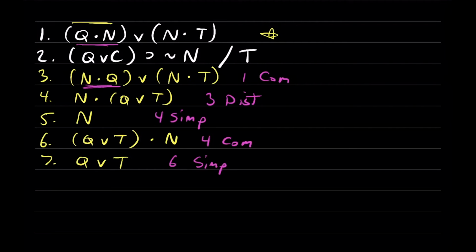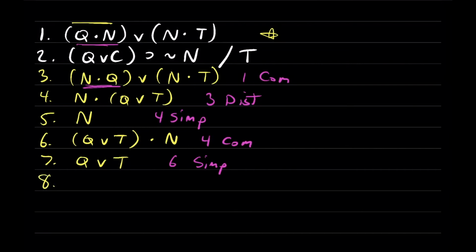Okay, let's see what we can do next. The next thing I notice is that line 2 is a conditional. It says if Q or C, then not N. Well, we know N is true, which is the opposite of that consequent on line 2, but we need the negation of it. So we need not not N in order to be able to do modus tollens with line 2.